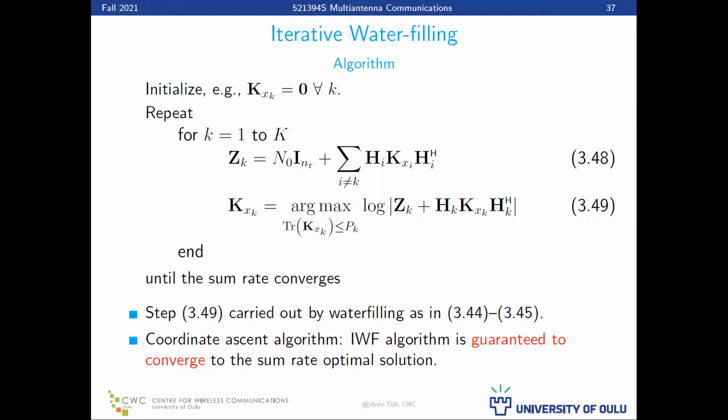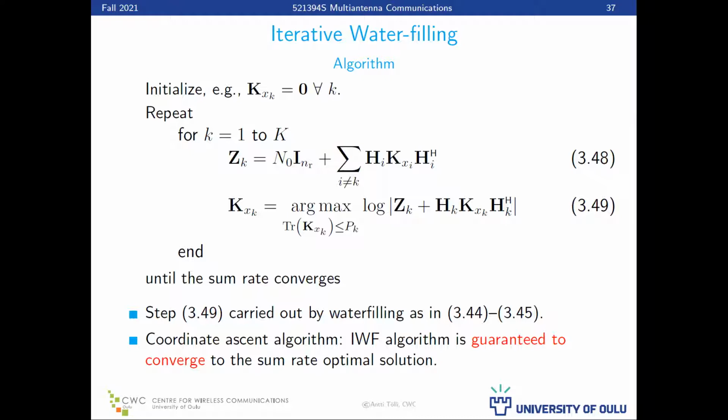But this is actually something that is nice to illustrate what happens. When we assume that all the transmit covariance matrices are 0, for the first user that we optimize, the interference is 0, as if the interference is not there, right? So there's only noise. So the first user to be optimized is single user MIMO, as if the other users were not there.